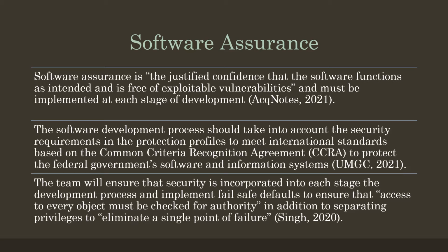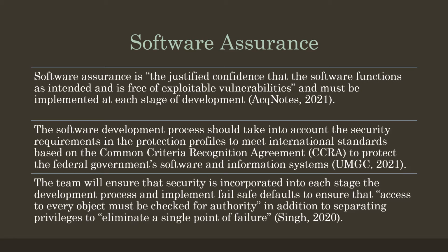The team will ensure that security is incorporated into each stage of the development process and implement fail-safe defaults in order to ensure that access to every object must be checked for authority, in addition to separating privileges to eliminate a single point of failure, right?